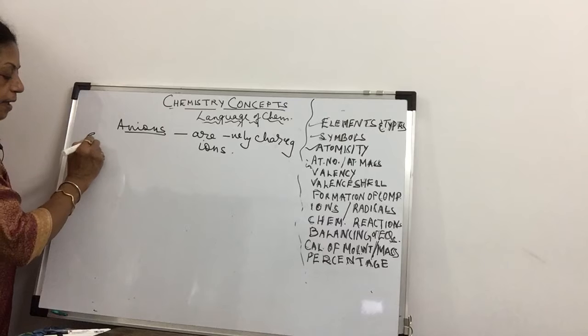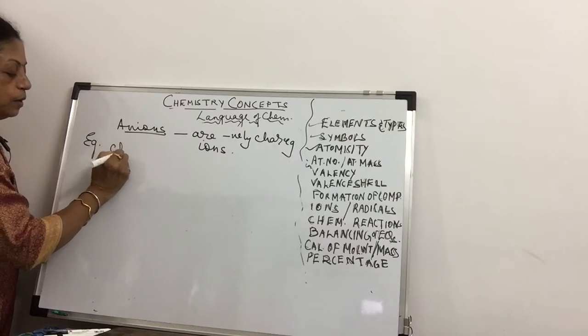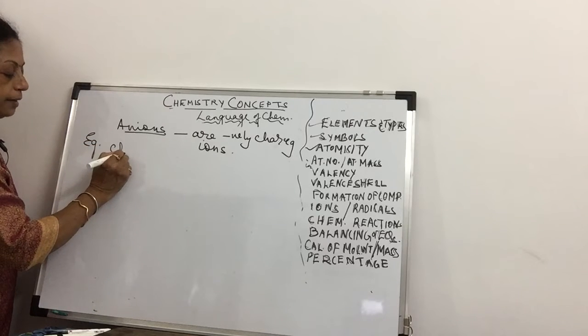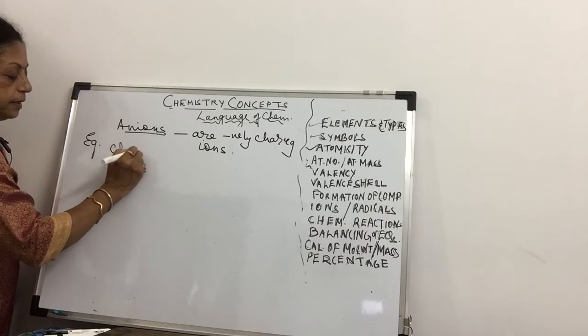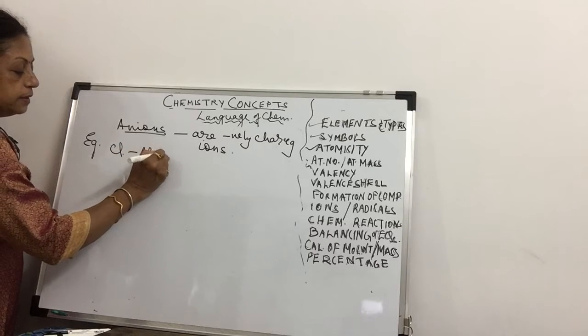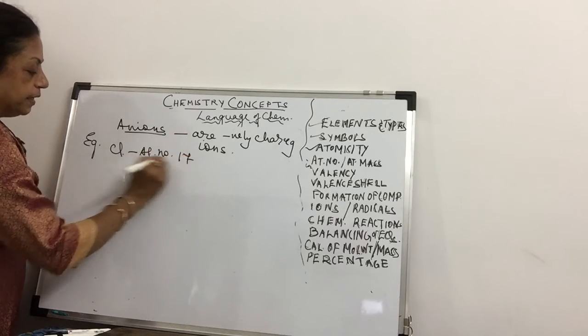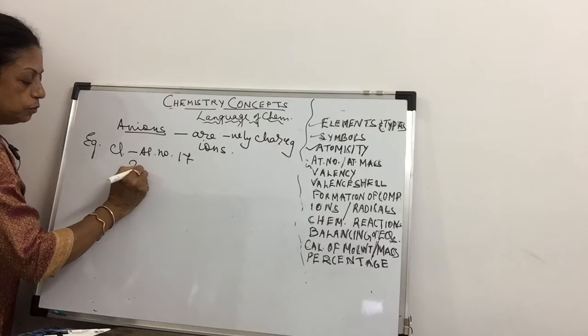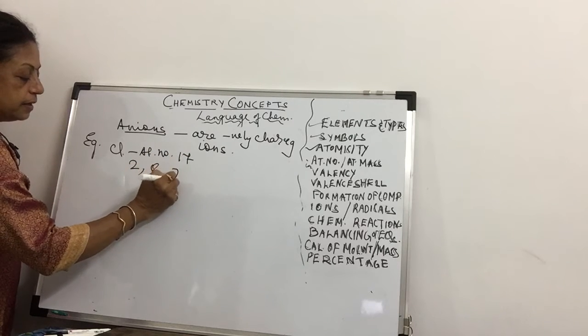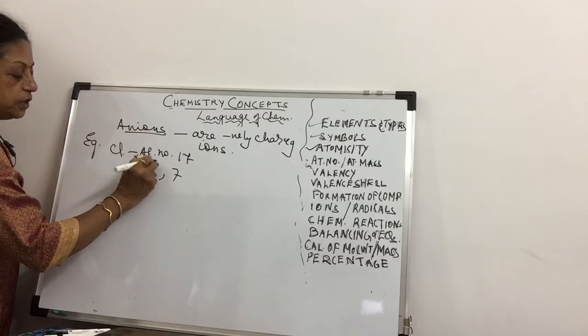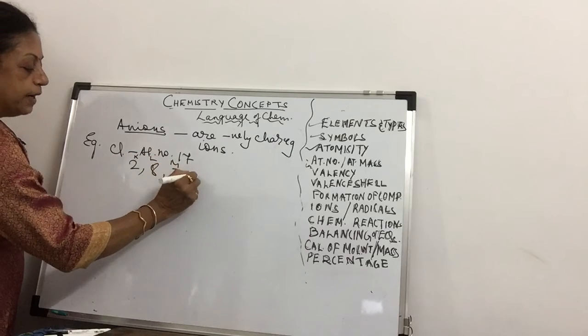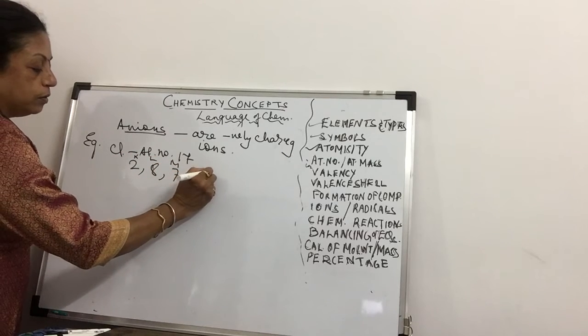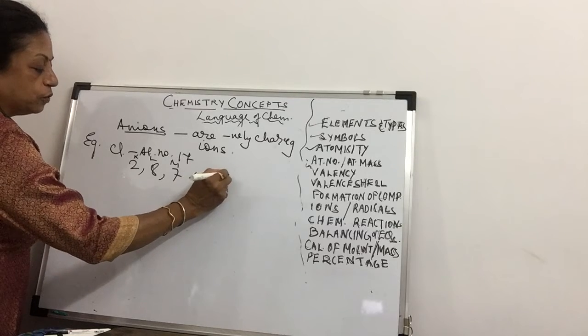Suppose I take an example of chlorine, which has atomic number 17. So what will be the electronic configuration? 2, 8, 7: K shell, L shell and M shell. So it can take one electron, plus one electron.